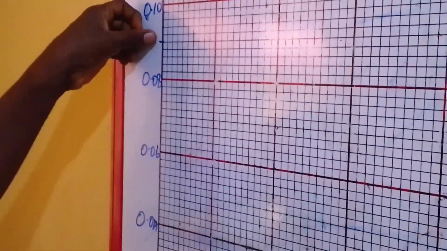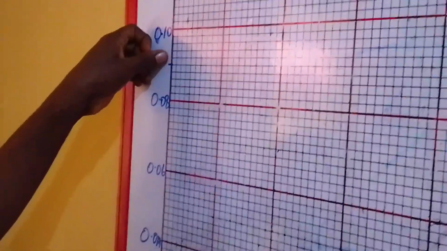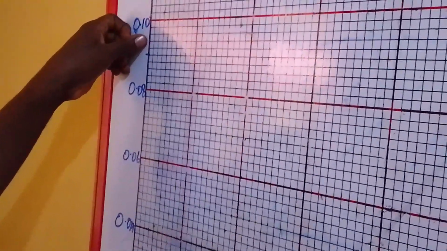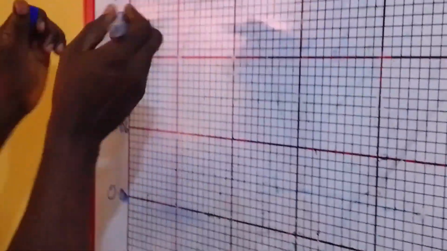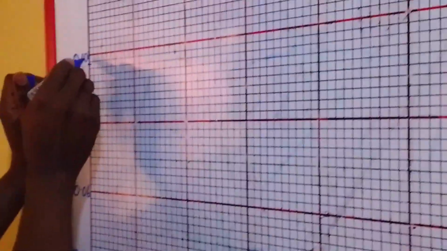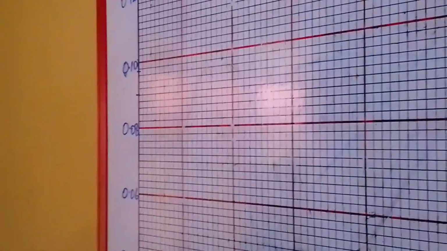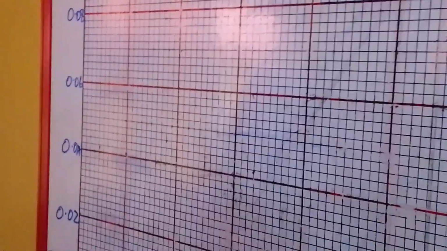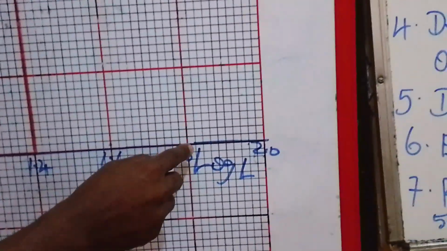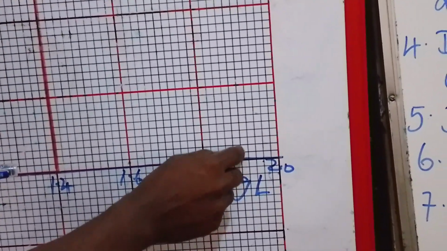So 0.09, 0.092, 0.094, 0.096. So 0.097 is in between 0.096 and 0.098. So we take it to where we have 1.9. So here is 1.8. So count 5 lines: 1, 2, 3, 4, 5.